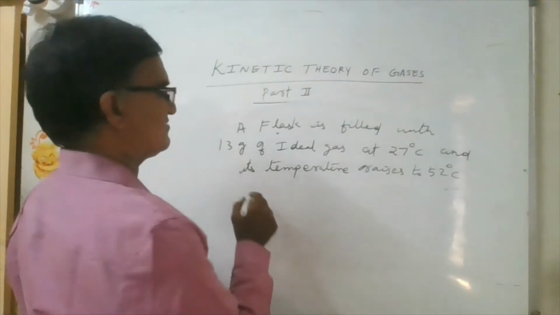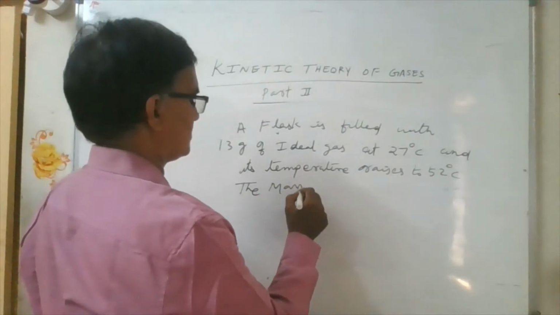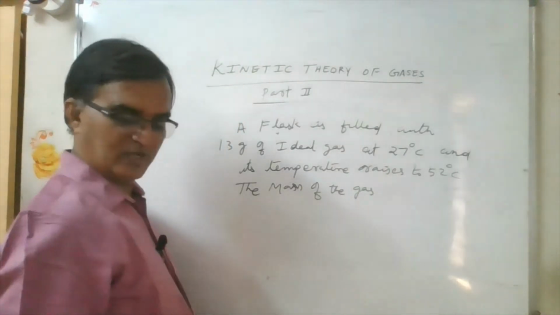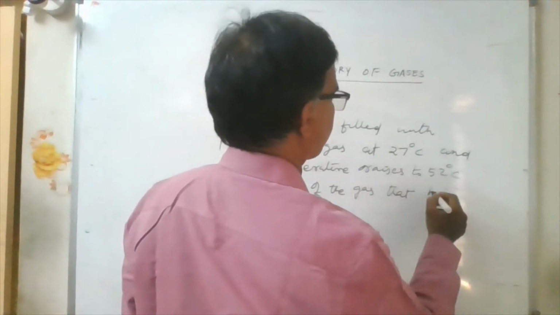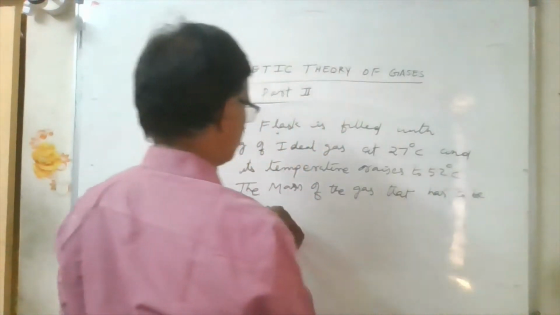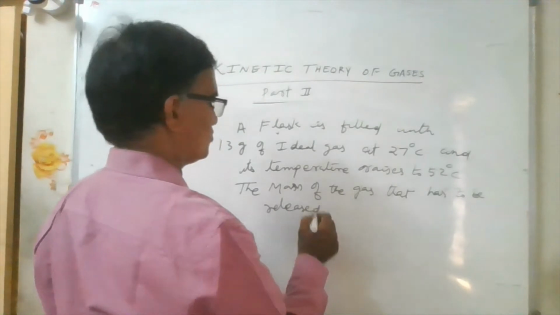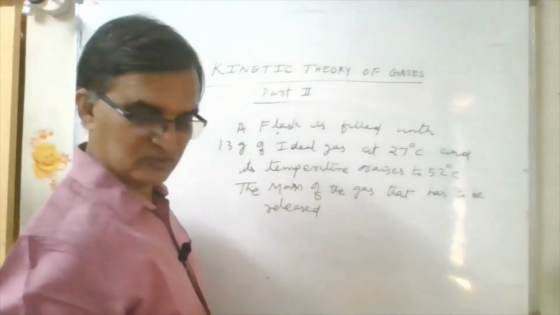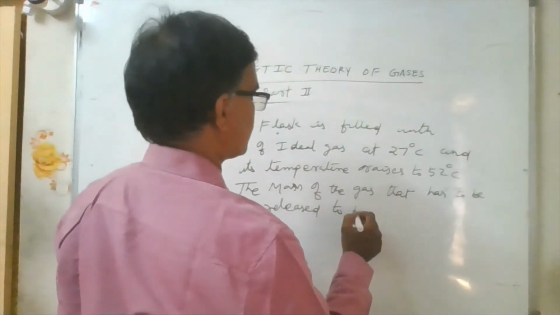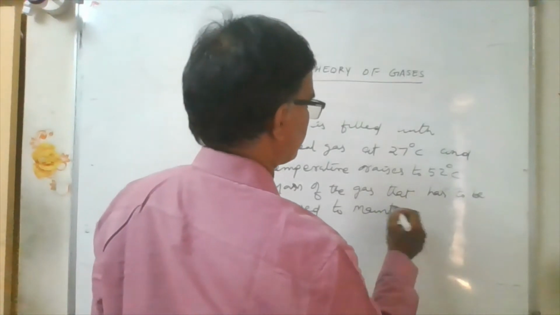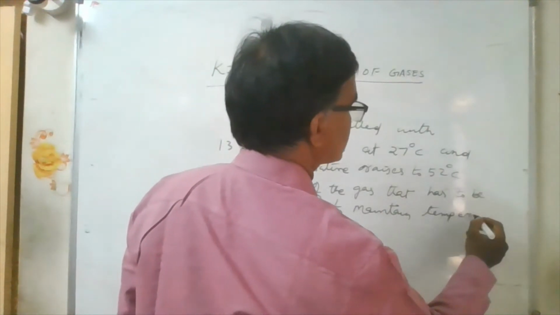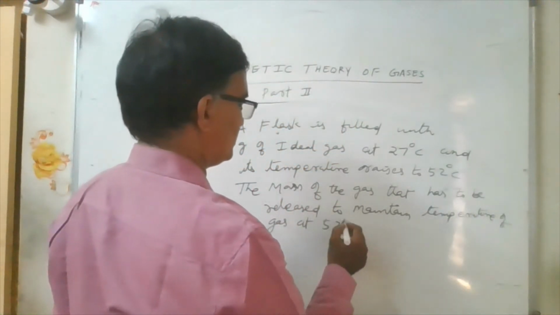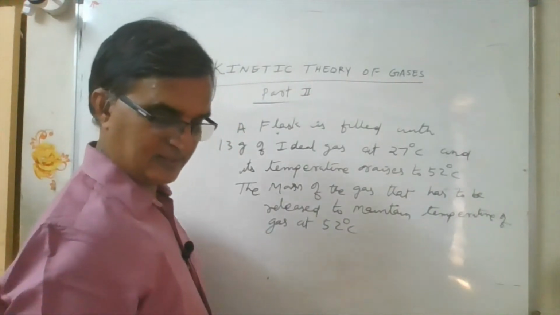The mass of the gas that has to be released to maintain the temperature of the gas at 52 degrees centigrade and pressure remains constant.